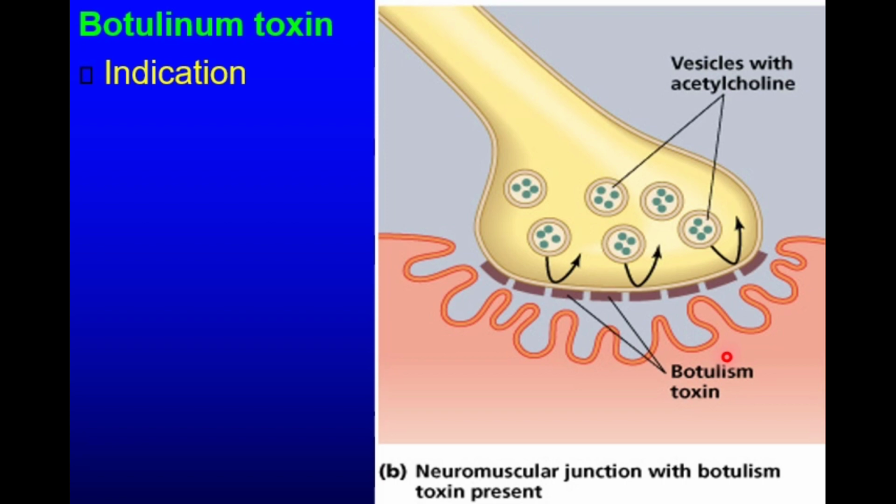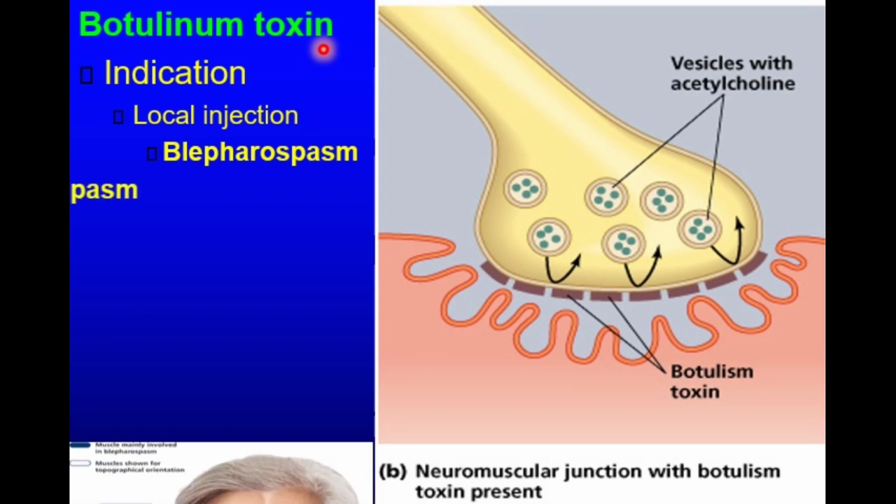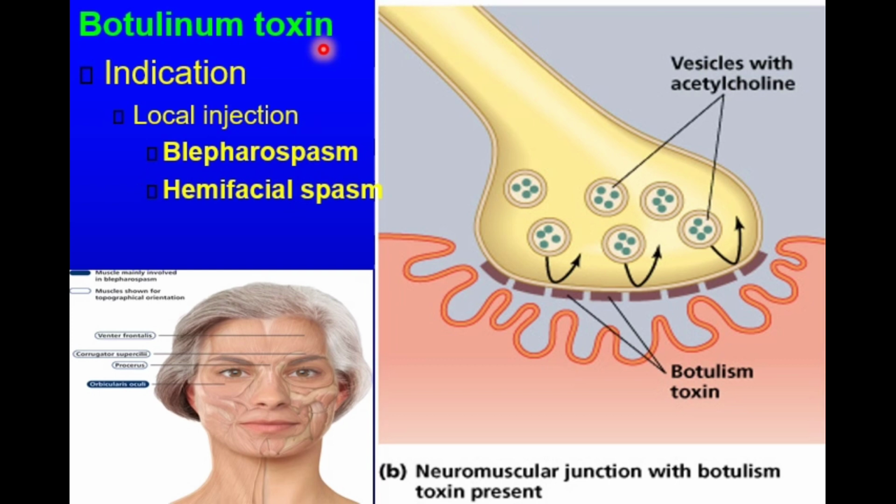A diluted solution of botulinum toxin injected locally into the muscle is used to treat blepharospasm, a form of persistent and disabling eyelid spasm, as well as other types of local muscle spasm like hemifacial spasm.